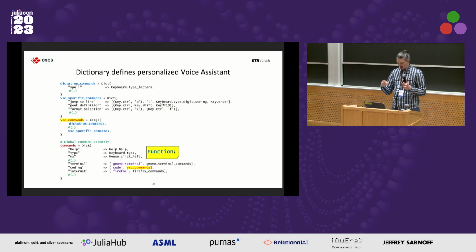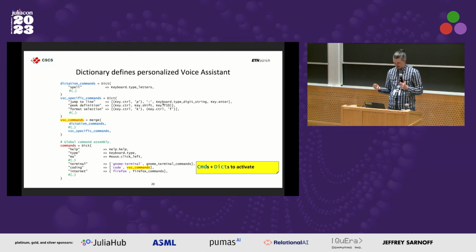You see, for example, ma there for a left mouse click, right? And then below, we say terminal, and then it would open a terminal, and on the right you see what it would do. Or we say coding, and it would open VS Code. You see there we have actual commands, like Julia Cmd type commands.